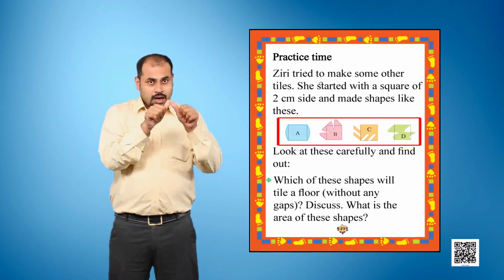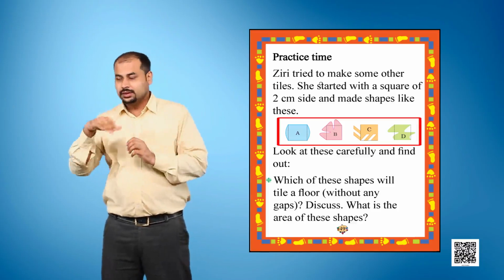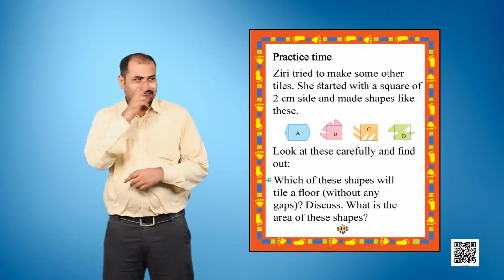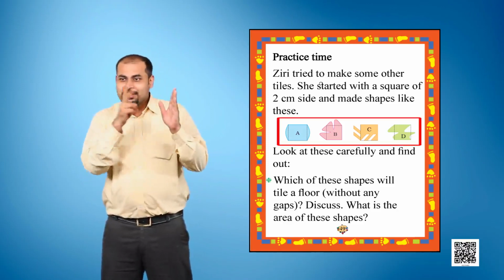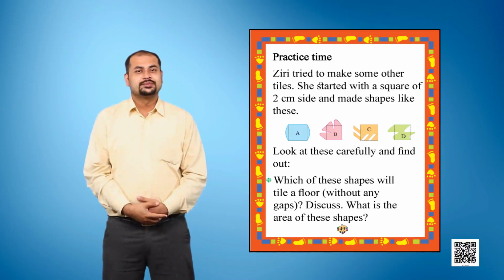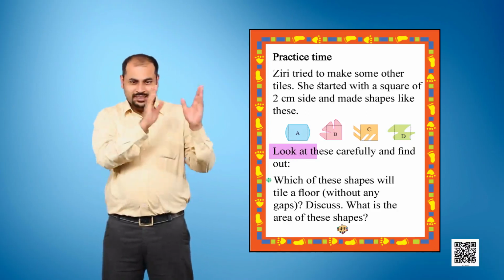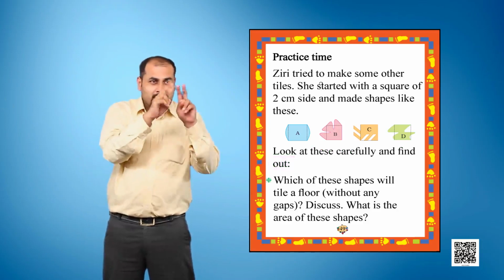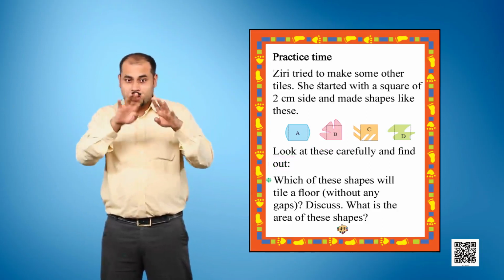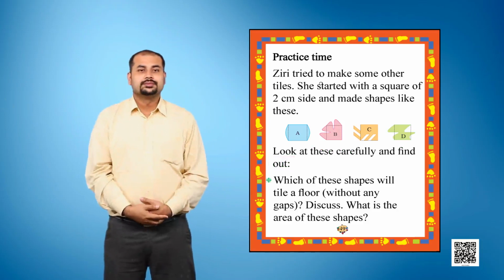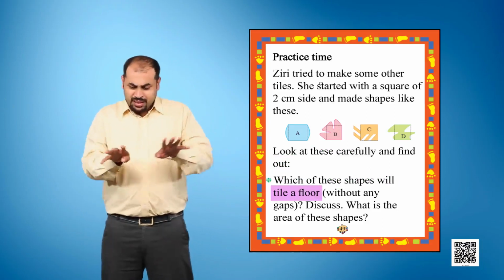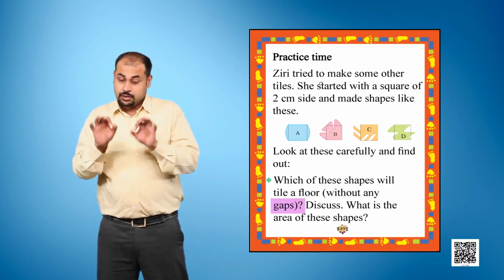They are marked A, B, C and D. And all of them are in different colors. Look at these carefully and find out which of these shapes will tile a floor without any gaps.